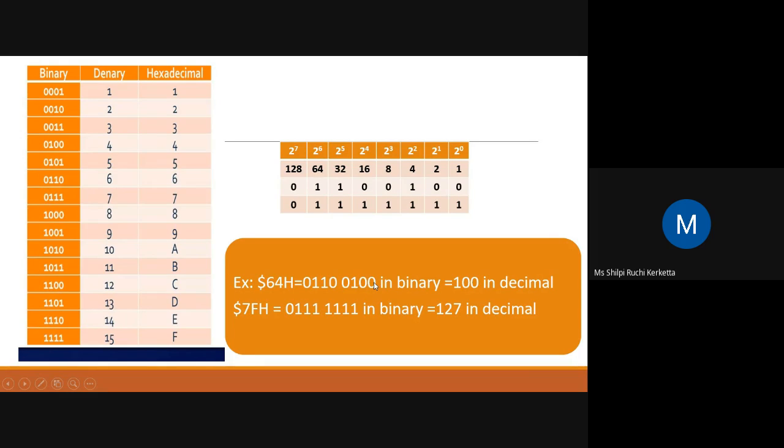So what we will do from binary, we will start writing how we converted from binary to decimal. So we will do the same thing. So we will write this term, okay, we have written this term 0, 1, 1, 0, 0, 1, 0, 0, and we will start writing 2 to the power 0 from the right hand side. 2 to the power 0, 2 to the power 1, 2 to the power 2, 2 to the power 3.